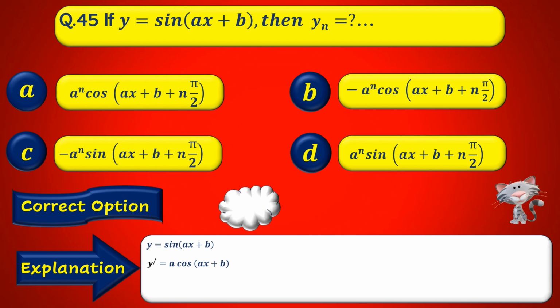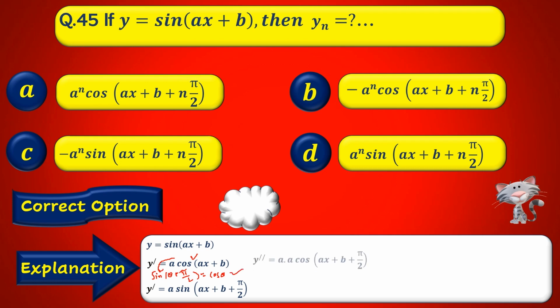We know that sine of theta plus pi by 2 is equal to cos theta. So this first derivative becomes y dash is equal to a sine of ax plus b plus pi by 2. We have converted the cos into sine using this relation.